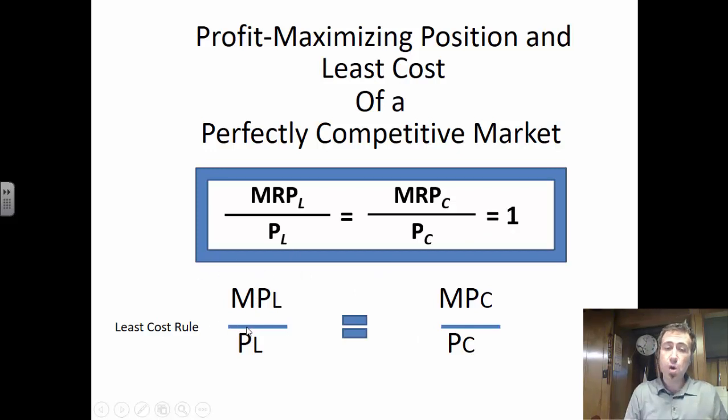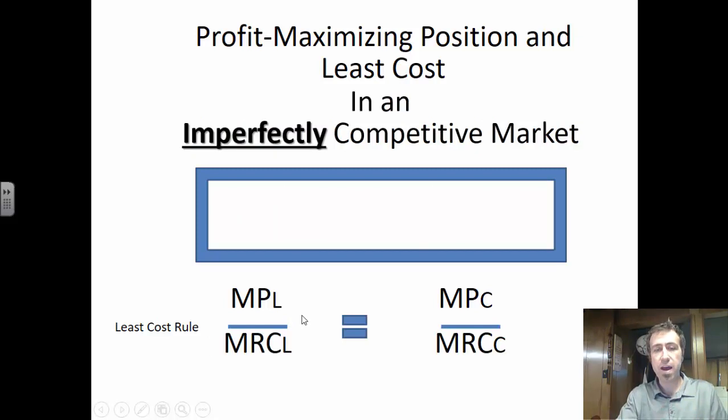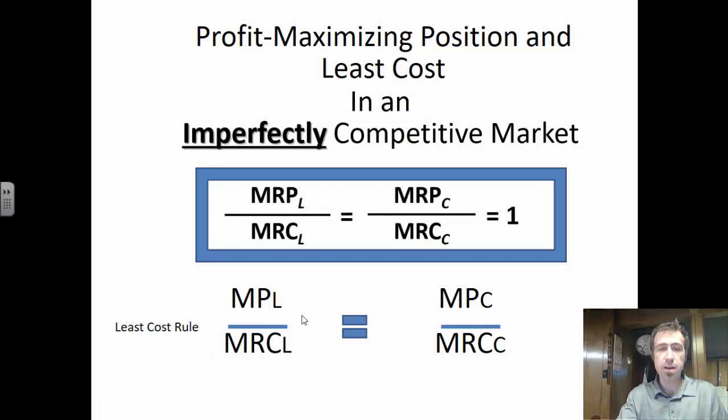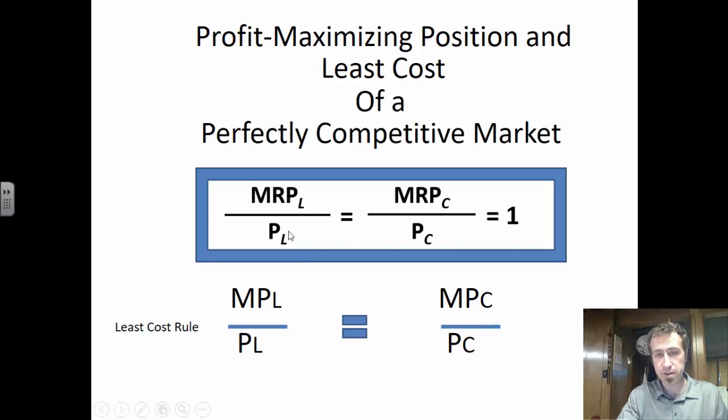But now we're moving away from the perfectly competitive market to an imperfectly competitive market. What about a monopsony? How do you find the profit maximizing point there? Well, you have this formula. If you were trying to figure out how many units of labor versus capital to hire, it's the marginal revenue product of labor divided by the marginal resource cost of labor, whereas before it was the price of labor.